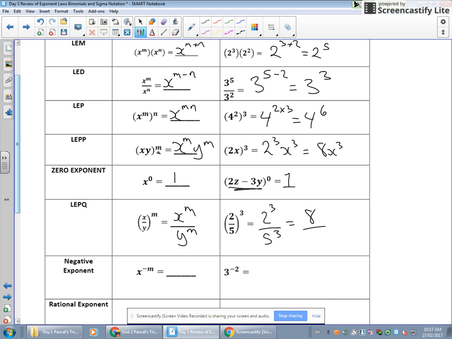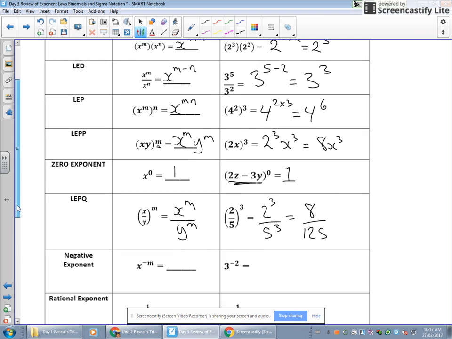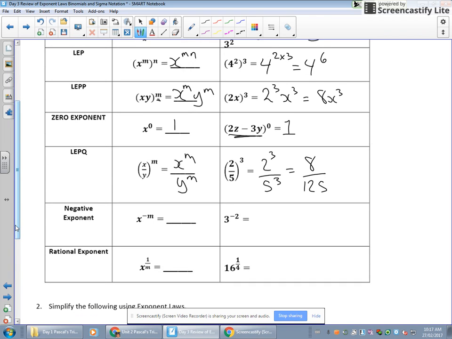That's 8 over 125. If we have a negative exponent, we simply take the reciprocal of the base, and then our exponent becomes positive. So in this case, 3 to the power of minus 2 is the same as 1 over 3 to the power of 2. This is simply 1 over 9.